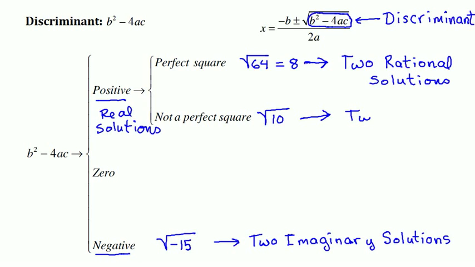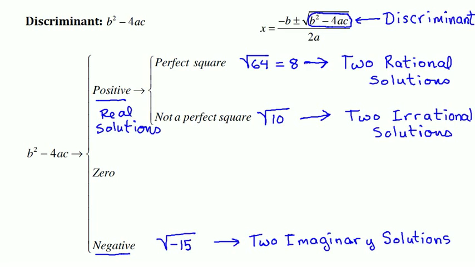So here I get two irrational solutions. Keep in mind that both rational and irrational numbers are real, so in both of these cases we get two real solutions.